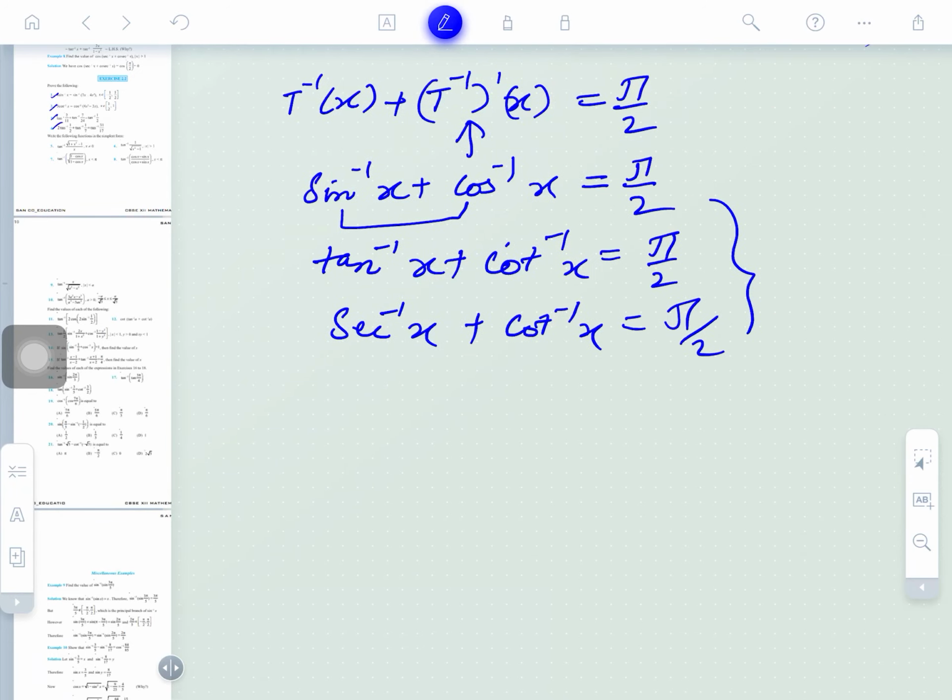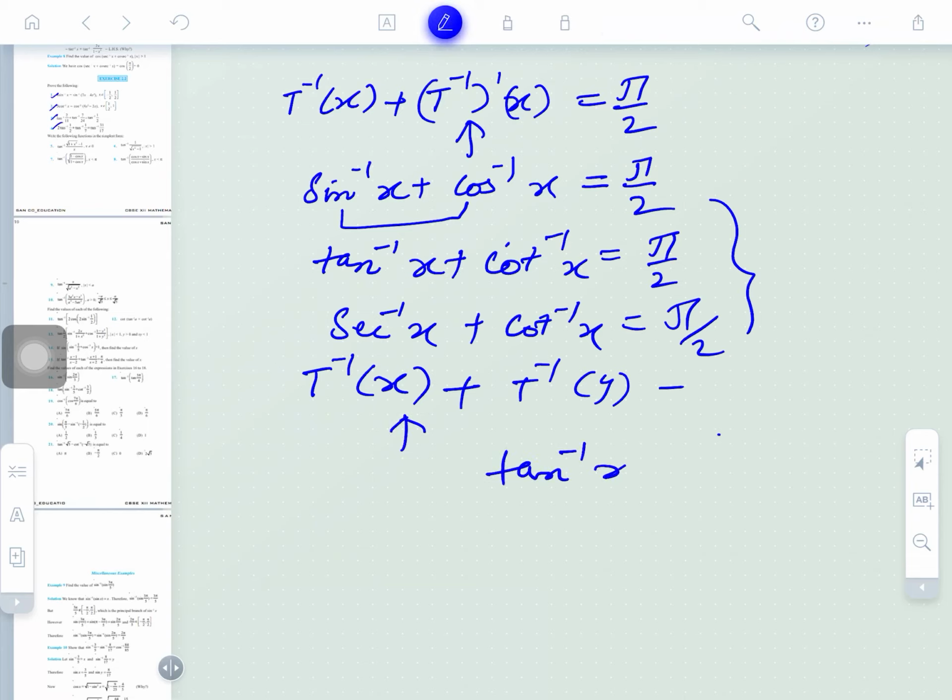Here the domain is the same but the function is different. This type can also be T inverse of x plus T inverse of y. So we have this type of identity also, but for tan. For sine this does not work; we have given it only for tan.